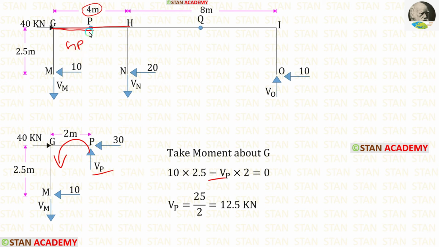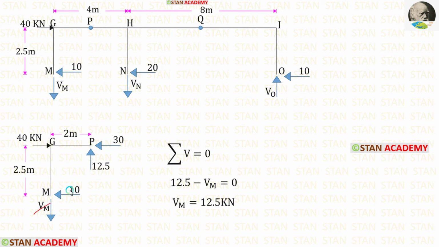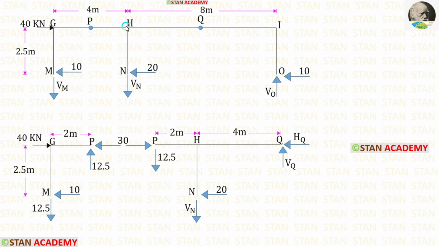We know that P is located in the center of GH. So to get GP, we have to divide 4 by 2, so we will get 2. So the distance is 2. Finally, for VP, we are getting 12.5 kN. For all of the forces, we are getting positive values. That means the assumed directions are correct.